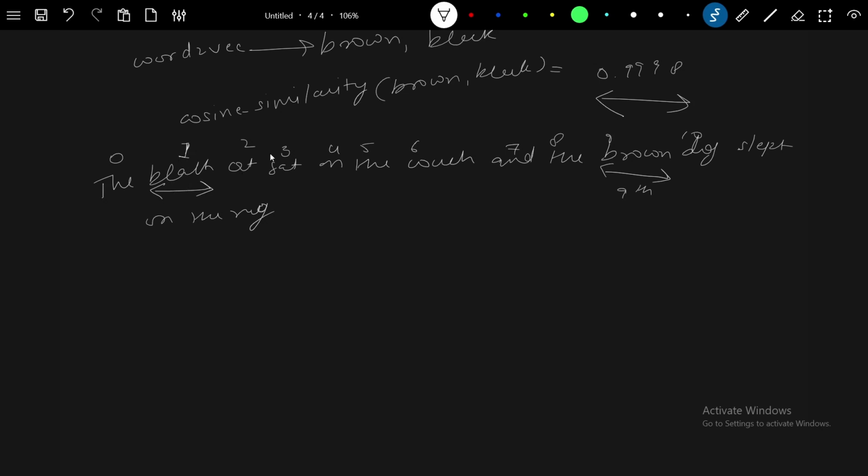But if we see the cosine similarity, black and brown are very similar. If we simply convert the words into tokens, let's see how many words there are in total: 8, 9, 10, 11, 12, 13, 14, and let's say we pass a matrix of 14 by 512.